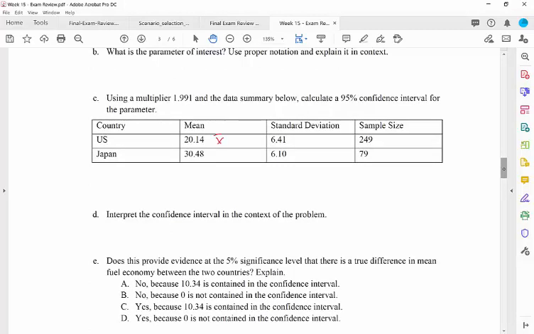So this would be X bar 1, this would be X bar 2, this would be S1, and this would be S2. So it would be N1 and N2. And it could also be in the prompt, like it could say that the mean miles per gallon for US cars is 20.14 with a standard deviation of 6.41.